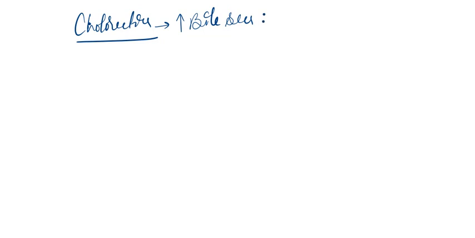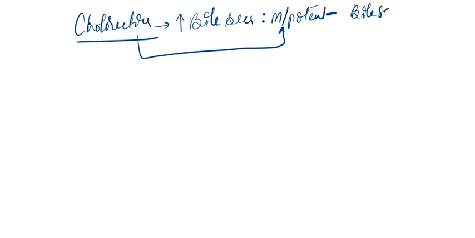So who are the most potent cholagogues? The most potent are bile salts and bile acids: cholates and taurocholates.